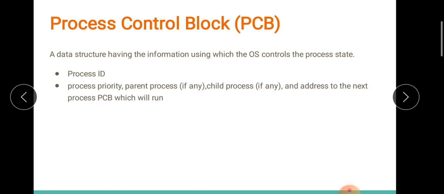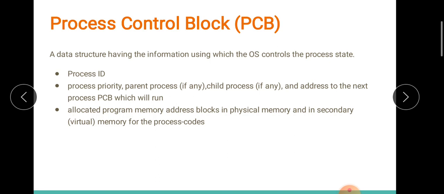Then process priority: in what priority or order must you access the process? The PCB has details about the process priority, as well as information regarding the program memory allotted. It may be in the physical memory as well as the secondary memory. It also contains the process specific data address blocks.